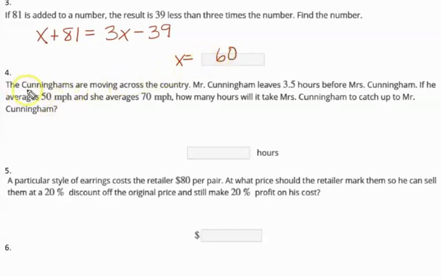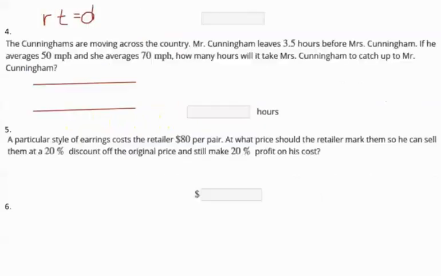All right, this next one's a little bit challenging. So I'll give you a little picture of what's going on here. So 2 people are traveling, and they're going this distance, and they are going to meet up at this point here.